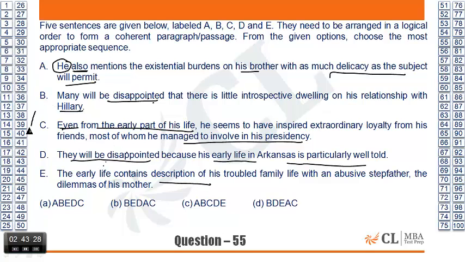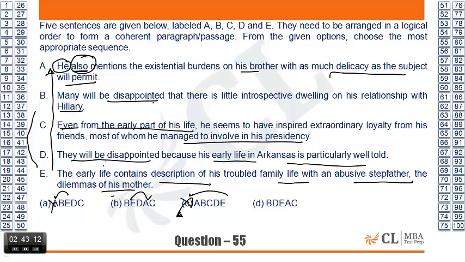I think this has to come like this, no? Okay. Description of family life, abuses of father, dilemmas of his mother. He also mentions, okay, EA seems to be okay. EA, he jumping EA, this doesn't make sense. EA, PD.